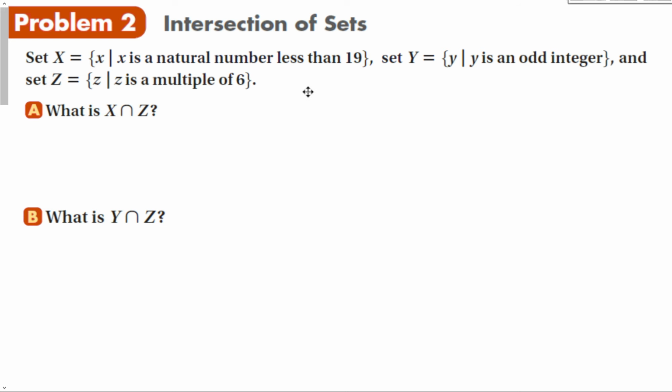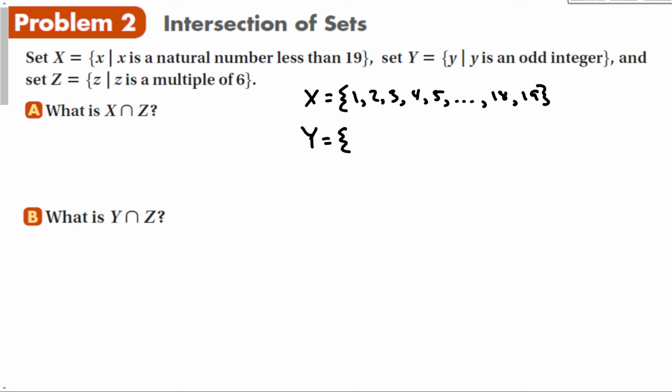X is going to be natural numbers, so no 0. No other restrictions, so 1, 2, 3, 4, 5, and I'm going to use ellipses to help me out, all the way up to 18. Set Y is an odd integer.